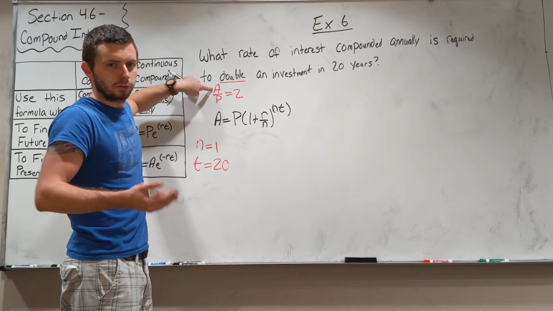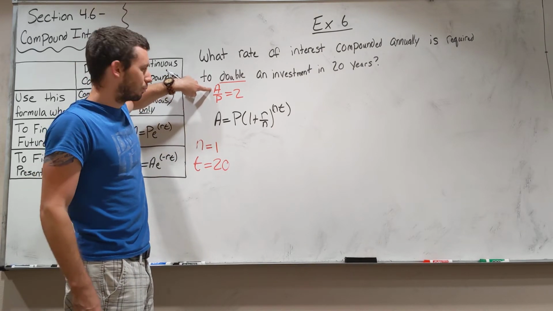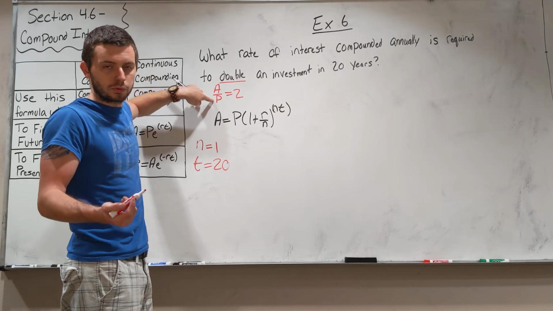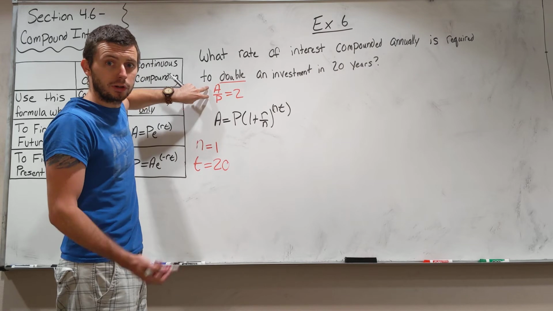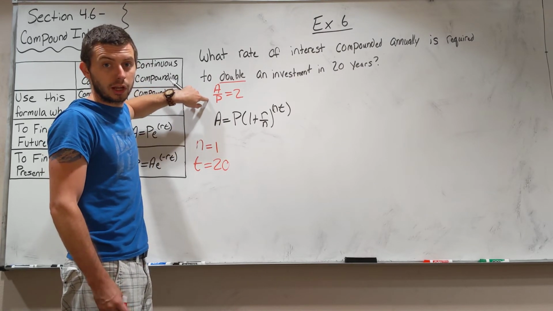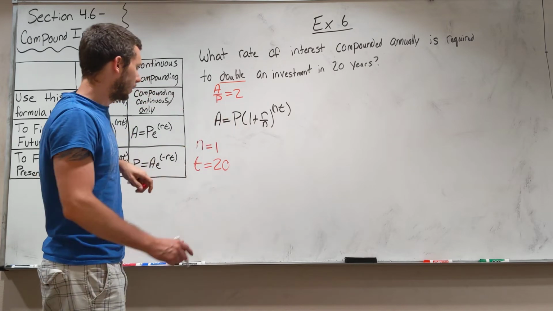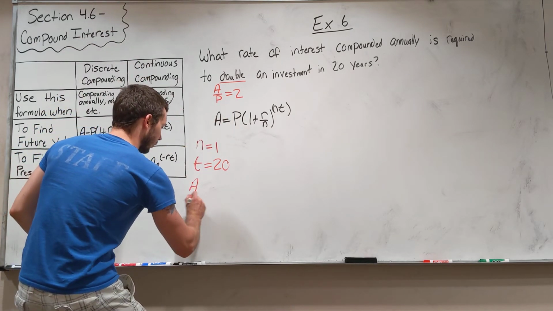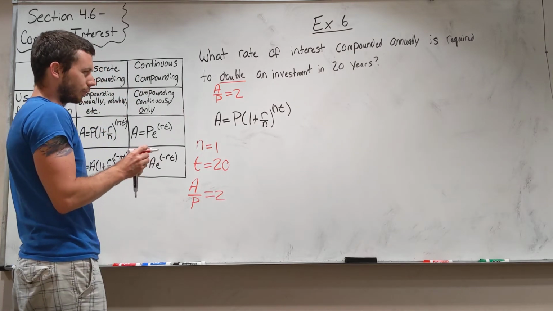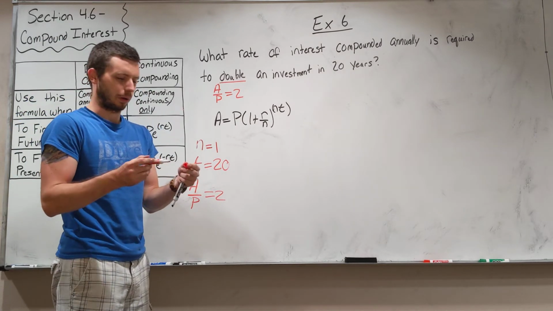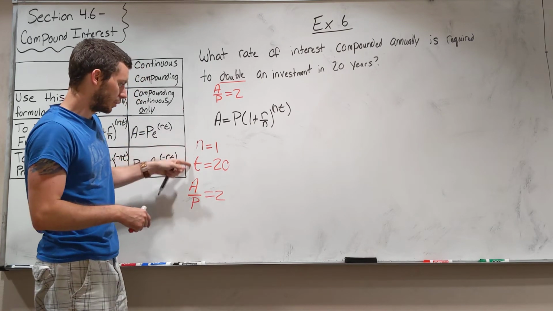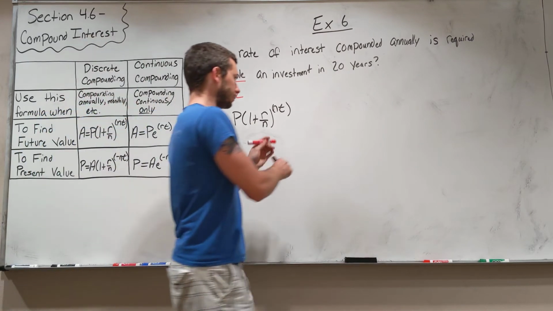If the future value is, say, 500 and the present value is 250, their quotient is still 2. No matter what numbers you pick, as long as the numerator is double the denominator, this is 2. So that's actually another bit of information that they give us down here. And so you might think, all right, how does that help us? Well, let's go ahead and plug in what we do know and go from there.